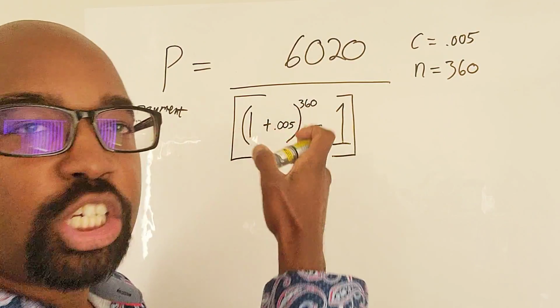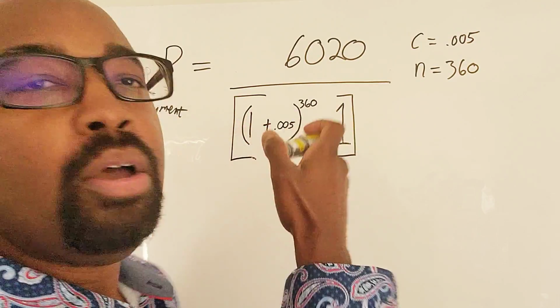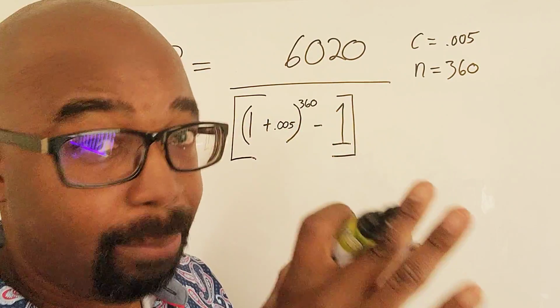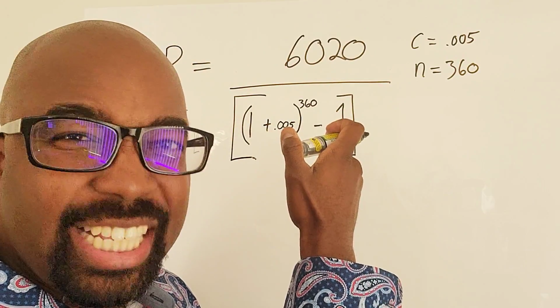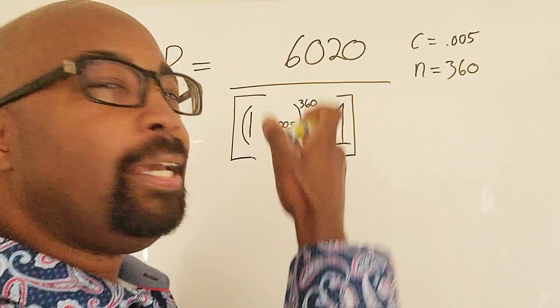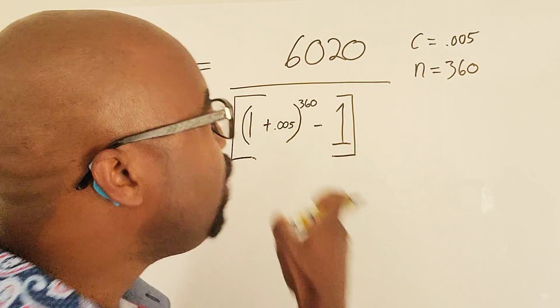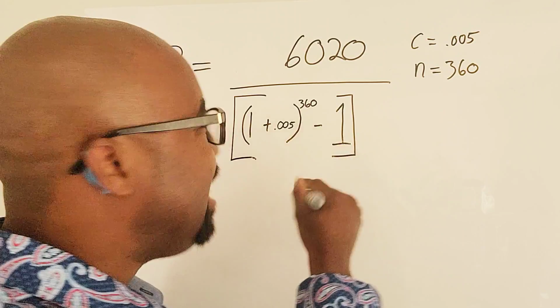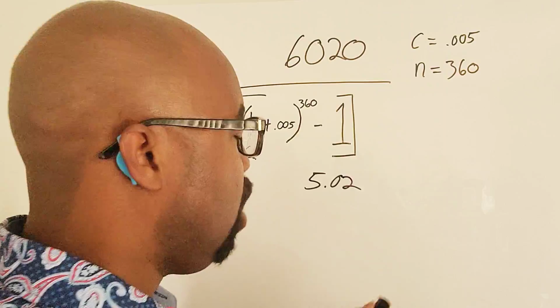We're going to do the same thing. We're going to do addition and subtraction and also a little bit of exponents, all right? 1 plus 0.005 is 1.005 to the 360th power, right? That's going to be what? 6.02, and then minus 1 is going to be 5.02. So let's go ahead.